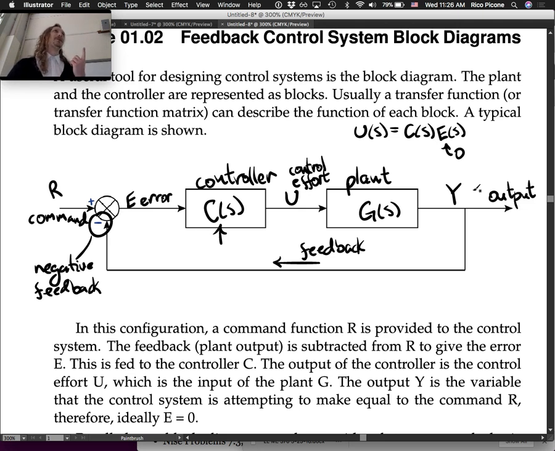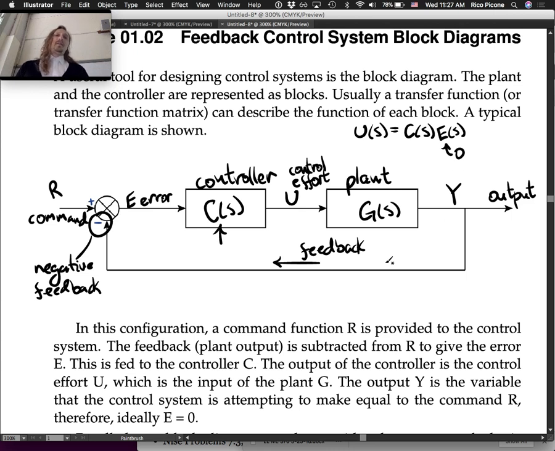So that's one performance characteristic. It also should go there in some finite amount of time, maybe within a certain time. Maybe we don't want it to overshoot. These are the transient performance characteristics. And then we also want it to go perfectly, or at least as close as we can get it, to the command of 14 degrees. So maybe 15 degrees is okay, but 20 degrees would not be okay, for instance.